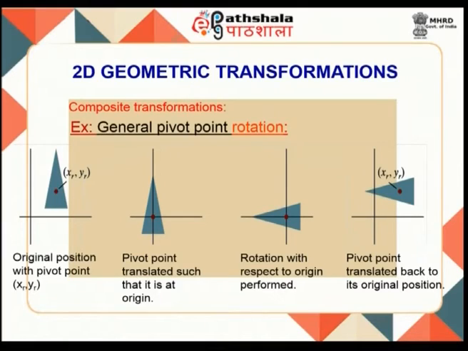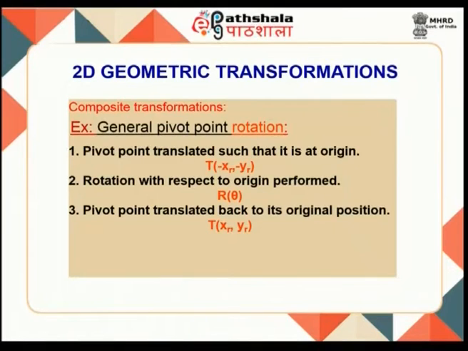If we convert these three steps into equivalent matrices, we get three different matrices, and when we multiply them together we get what is called a composite matrix, and that composite matrix represents the complex transformation of general pivot point rotation. Let us take the notations. The first transformation is represented as translation T of minus x r and minus y r, that is, shifting the point so that it coincides with the origin, and then rotation by theta.